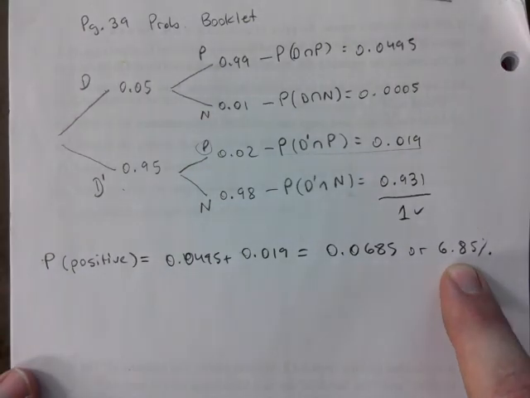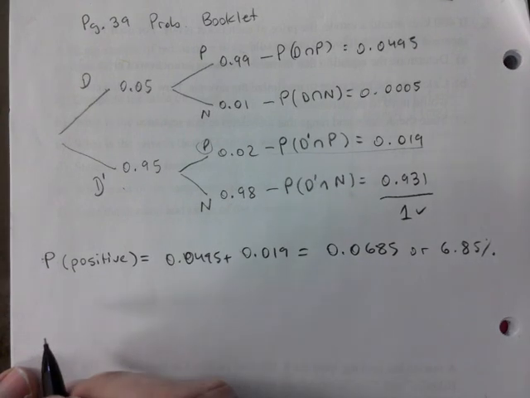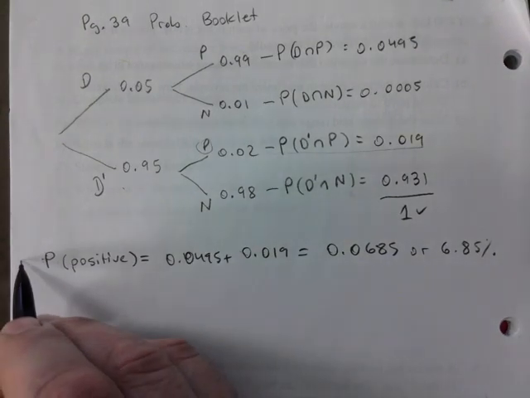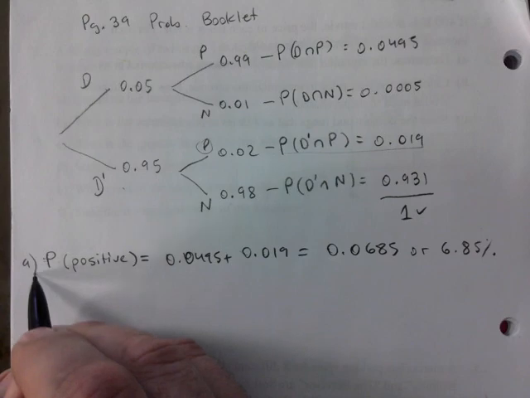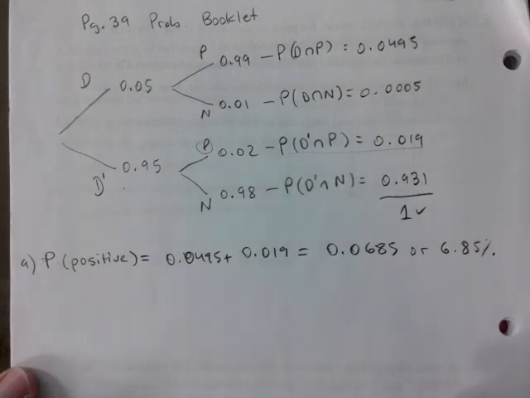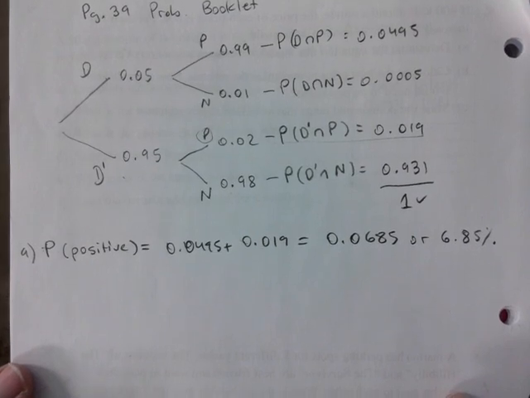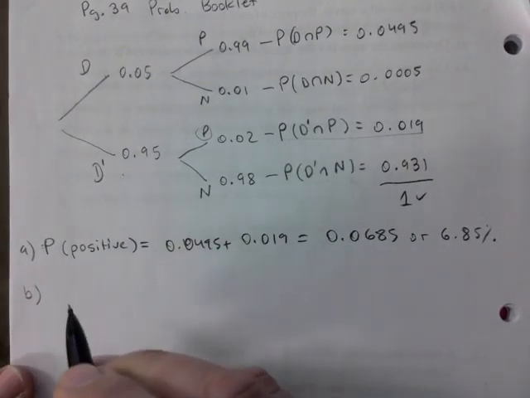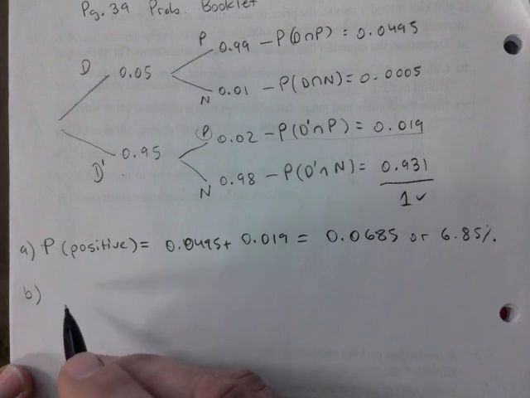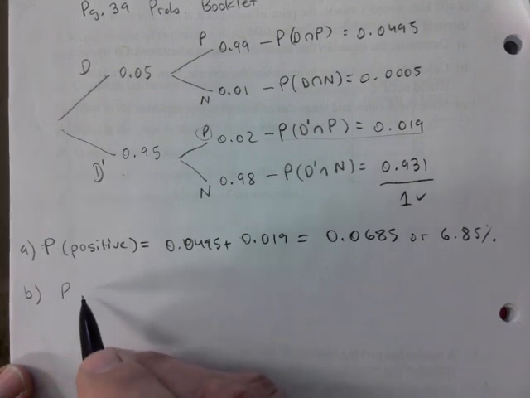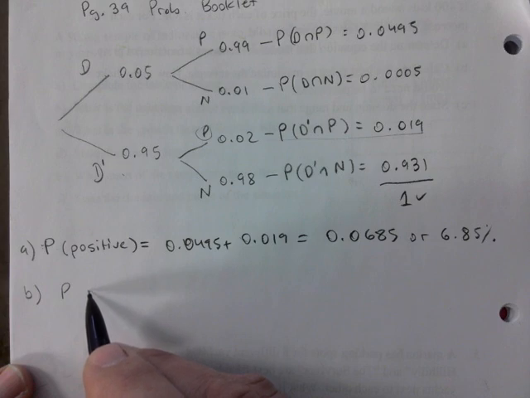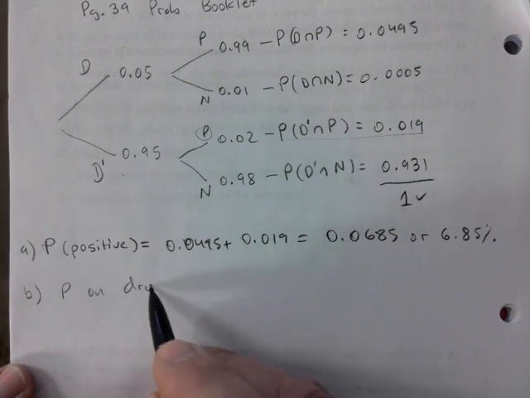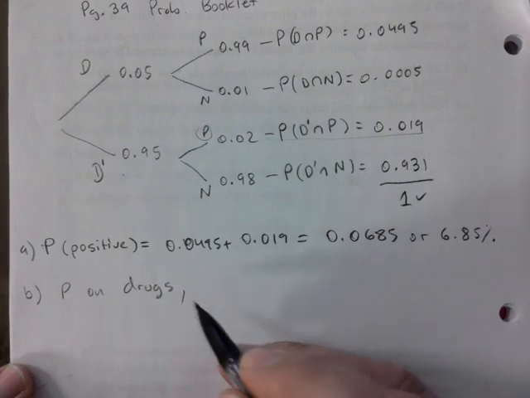Okay. And this is the kicker here. This would be A. But the B part is asking probability that someone is on drugs, right?